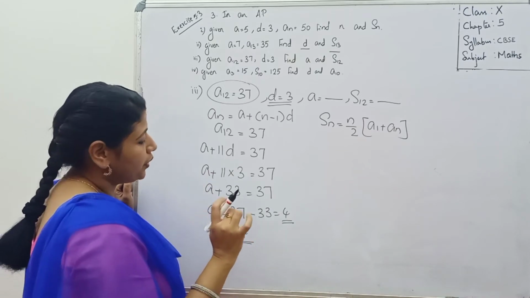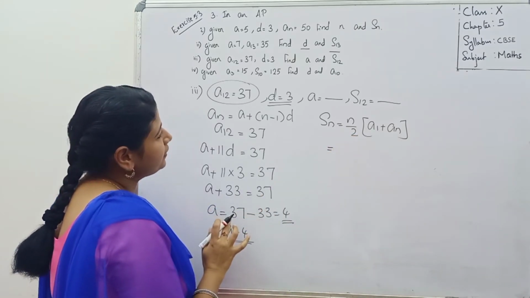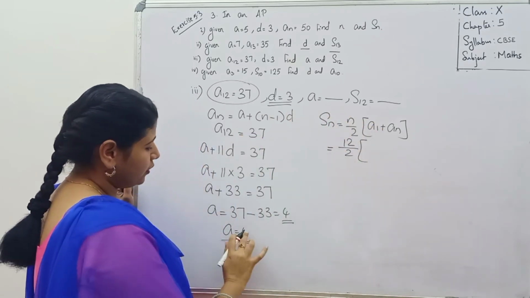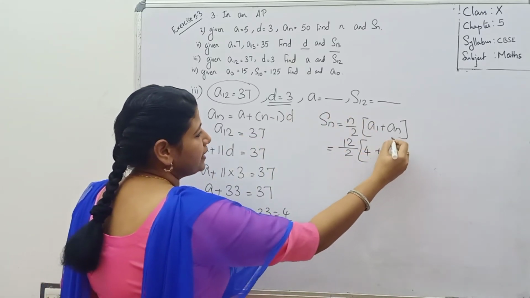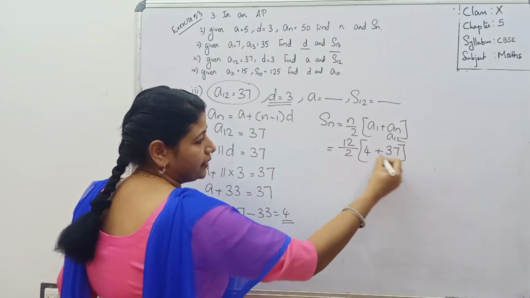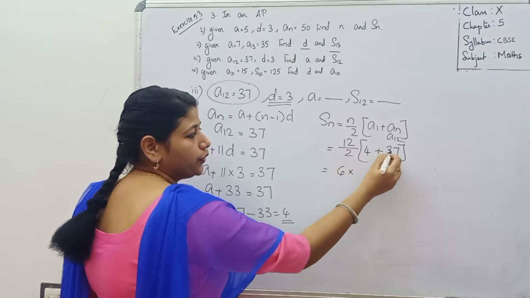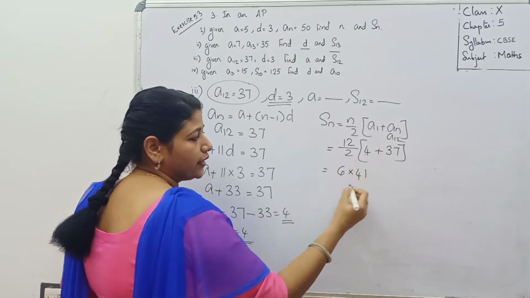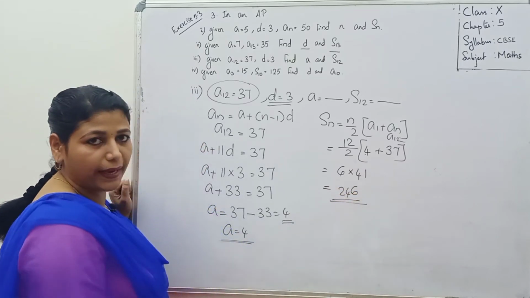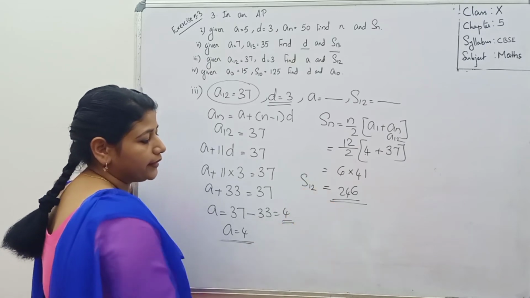So here we can substitute n is 12. 12 by 2 into A1 is 4 and An means here A12. A12 is 37. 12 by 2 is 6 into 37 plus 4 is 41. So we can write 246. Okay. So this is the sum of first 12 terms.